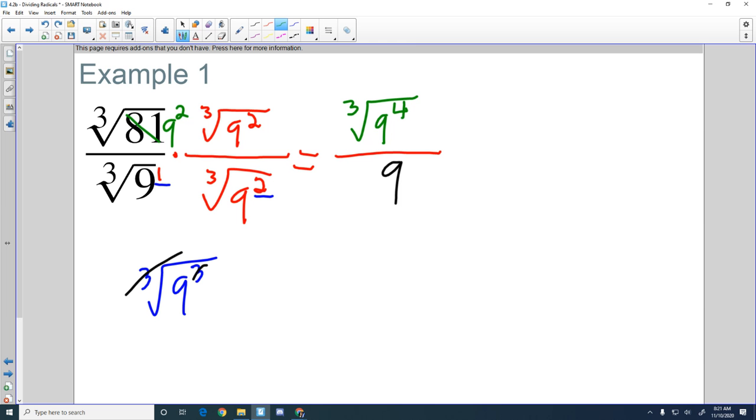Another way that we could write that. And if I have 4 9s, can I make a group of 3? Yeah, I could make one group of 3, couldn't I? So I could actually simplify that numerator further. I could bring 1 9 out in front. I have 1 9 left over underneath the radical. If I had 4 9s, the index is a 3. I can make one group of 3, and there'd be 1 9 left underneath the radical.